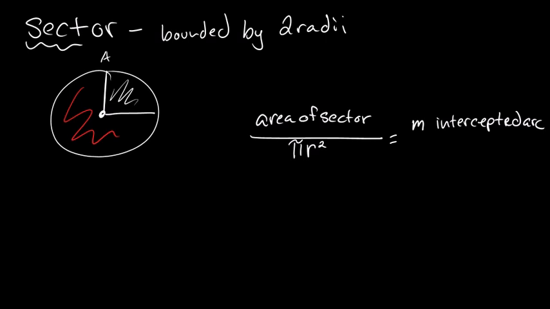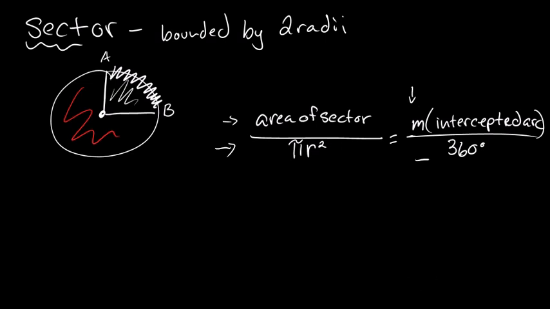So let me put some labels on here. So the intercepted arc right here would be that arc over, measure of the intercepted arc, over 360 degrees. So part over a whole, and then part over a whole, which this should look similar. We've used proportions like this before.